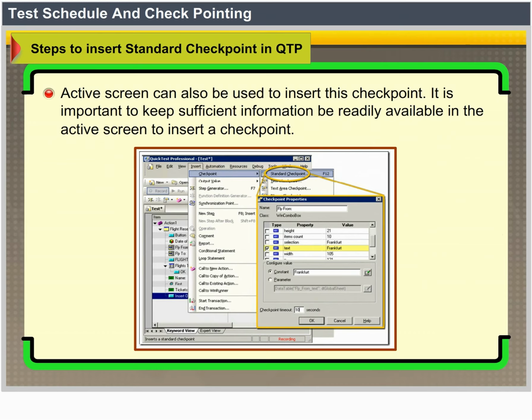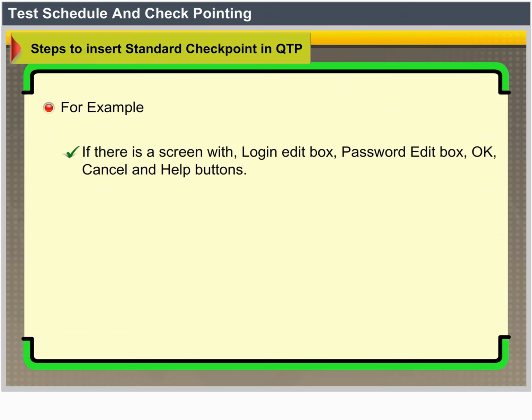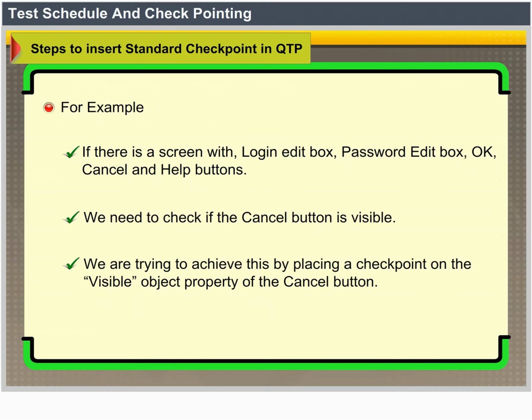For example, if there is a screen with a Login edit box, a Password edit box, and OK, Cancel and Help buttons, we need to check if the Cancel button is visible. We are trying to achieve this by placing a checkpoint on the Visible property of the Cancel button.